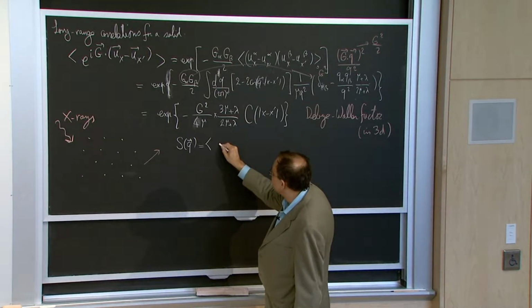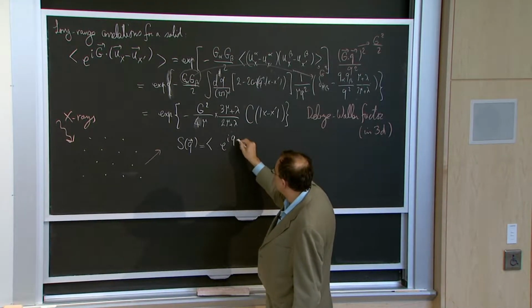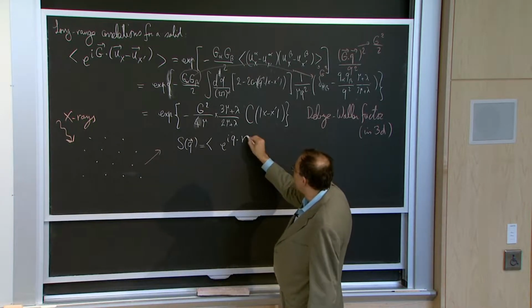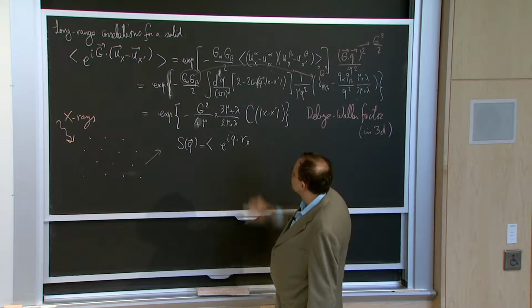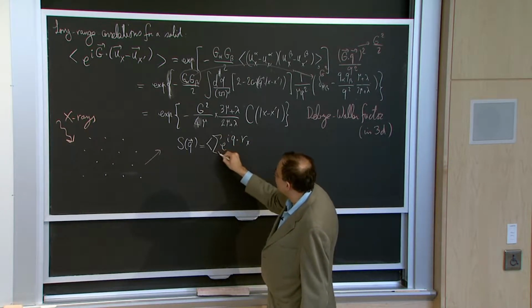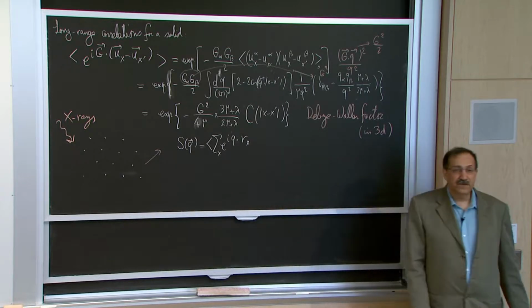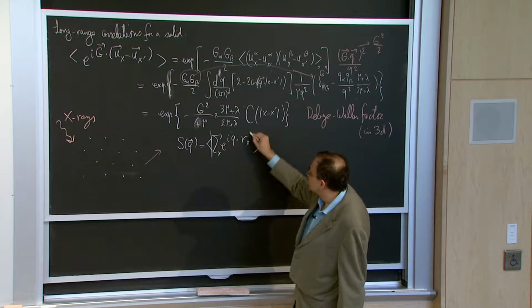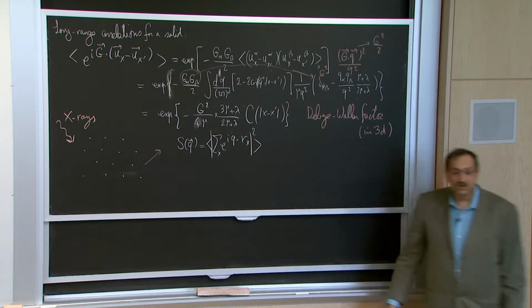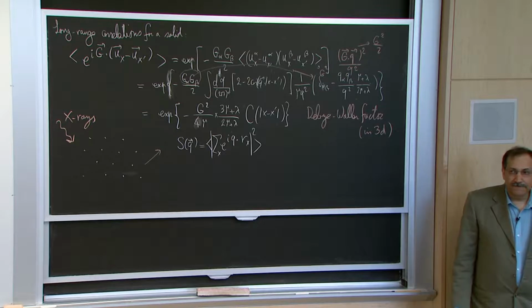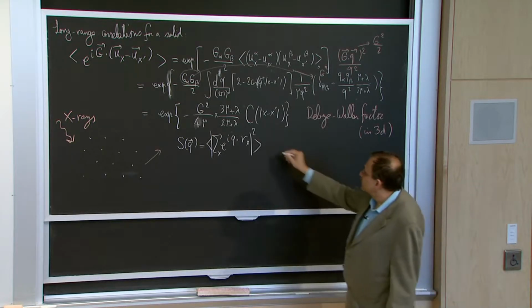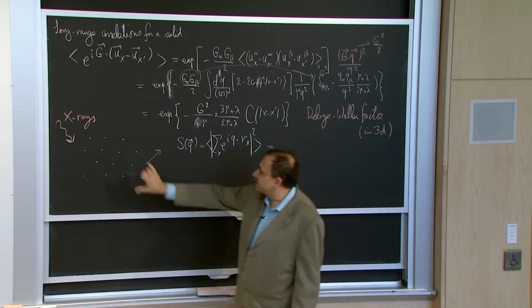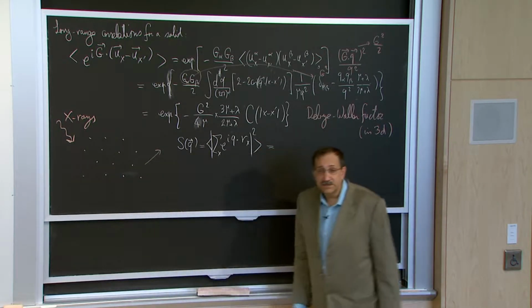So I will get a factor of e to the i q dot the location of the different atoms. Let's call them R of x. I have to do a sum over x. I have to scatter from all of the atoms. There is some overall form factor that I'm not really interested in, but this whole thing has to be first squared. Okay? So once I square this, I will be getting averages between pairs of points.